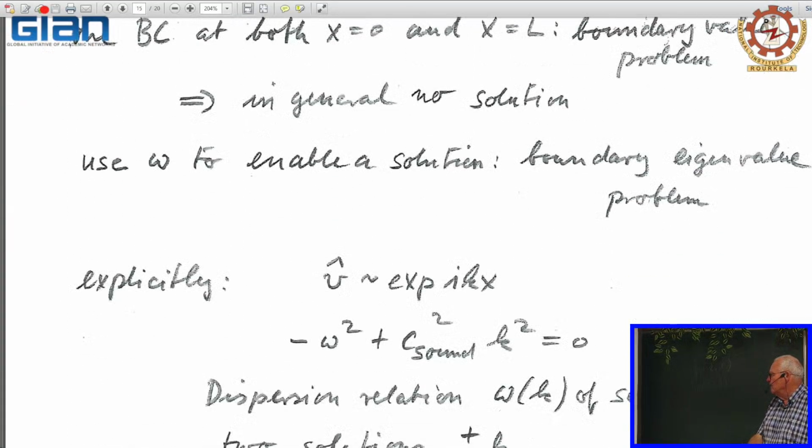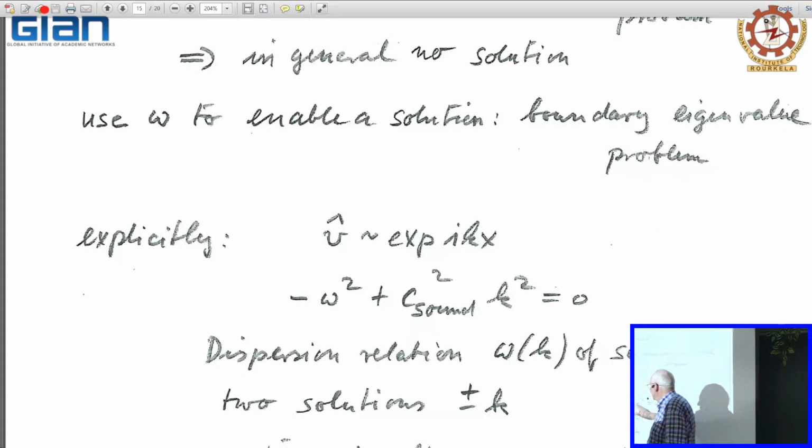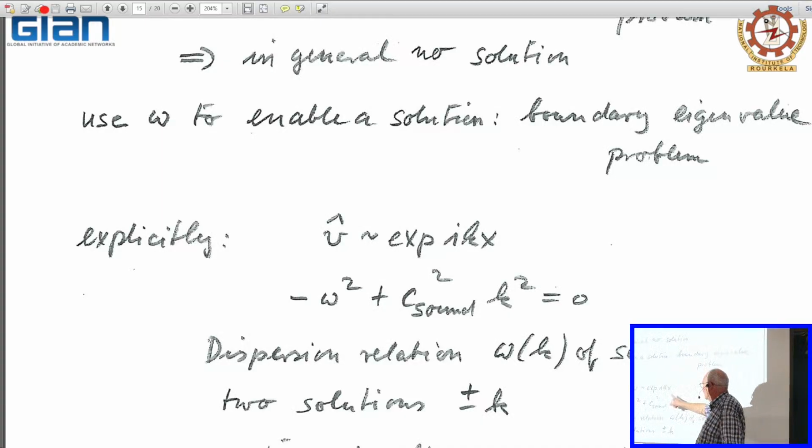A dispersion relation is a relation of the frequency, the eigenfrequency, and this here is, so to say, a wave number. K has the character of a wave number, so the relation between the frequency and wave number or wavelength is called a dispersion relation.